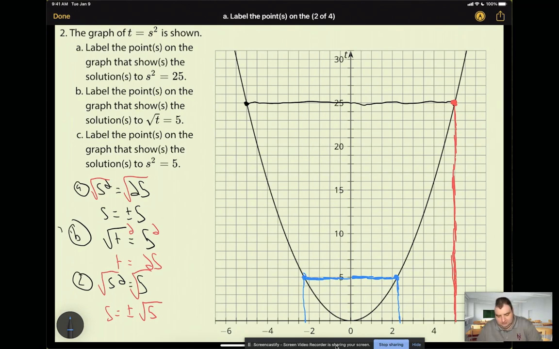So there are 2 points that work with that equation. Okay. So again, to reiterate, the point of this lesson is to determine how many real number solutions an equation has based on whether it's a variable squared, whether it's the positive or negative square root of a variable, etc. That is it for today's lesson.